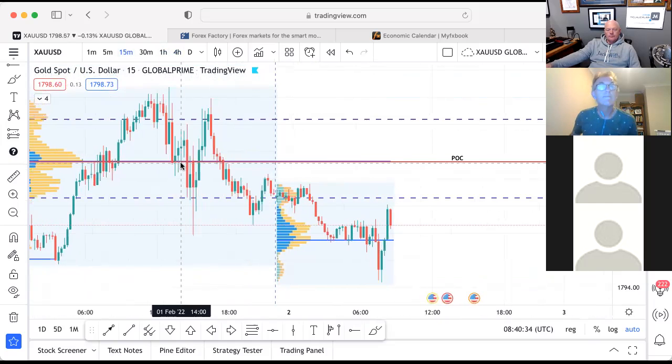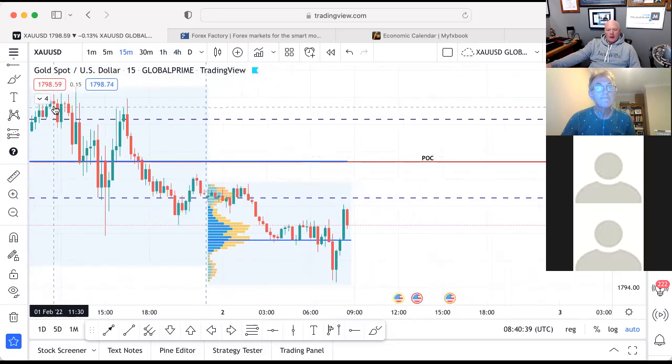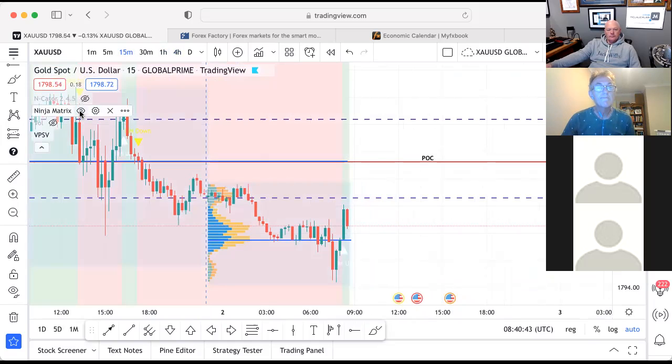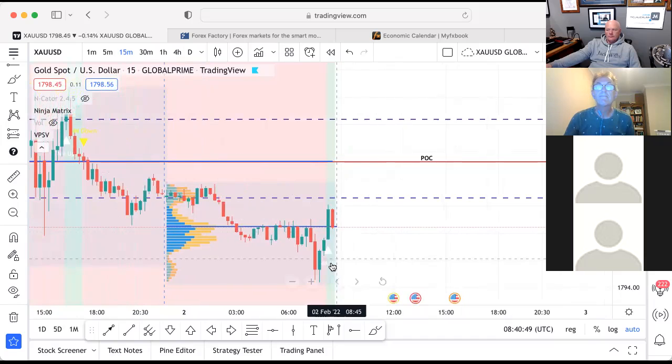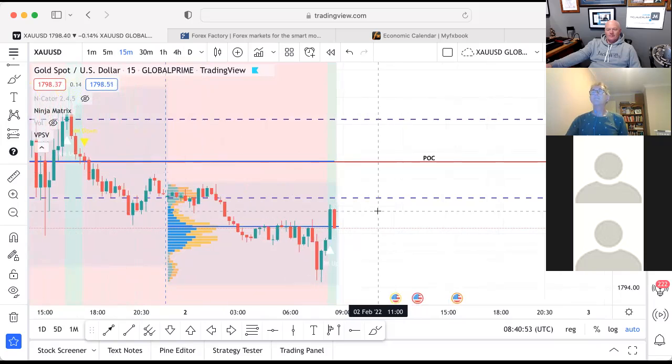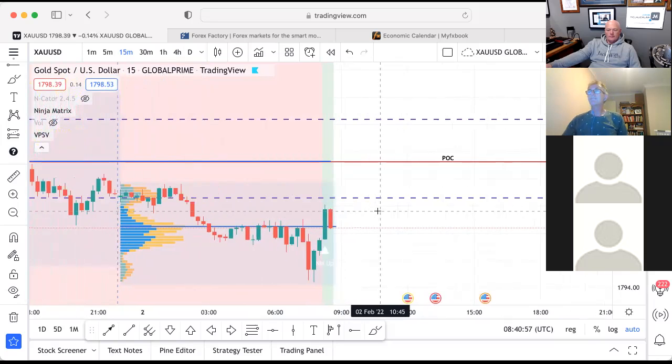Let's just have a look at the Ninja Matrix and the Ninjacator. The Matrix has just changed. It's just changed it up, and then of course the second candle decides to go down, which I've noticed often happens when the Ninja Matrix changes.